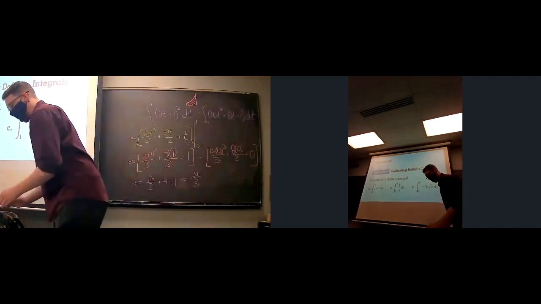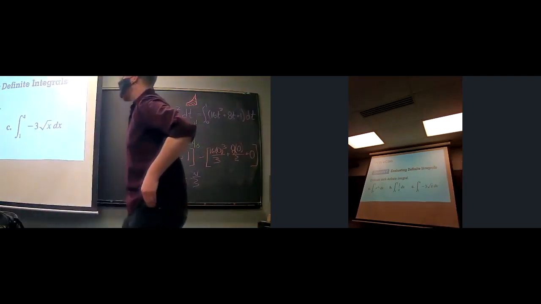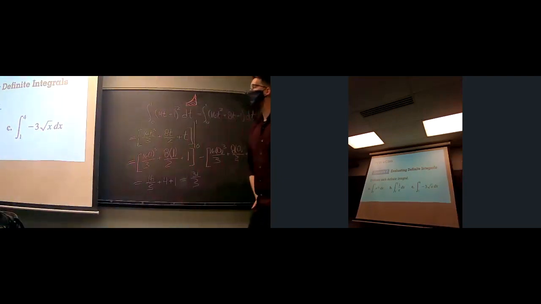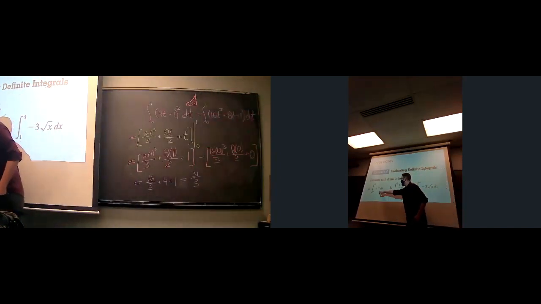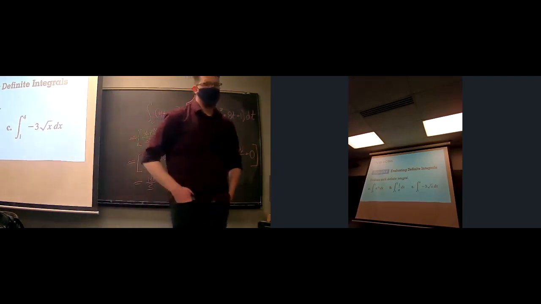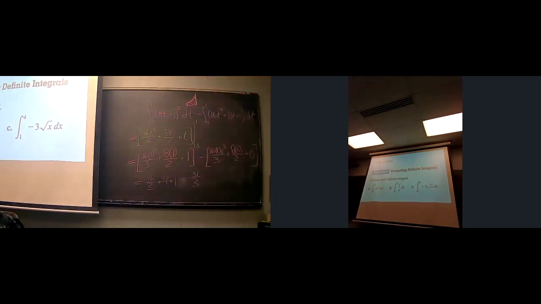Now, just as an example of a couple problems where you would probably want to use U sub, or you have to use U sub rather, let's look at A first. A is the integral of e to the 2x. You can't solve that, not without using U sub.